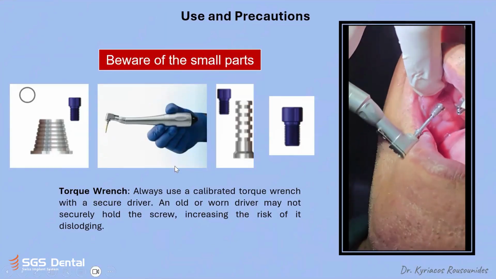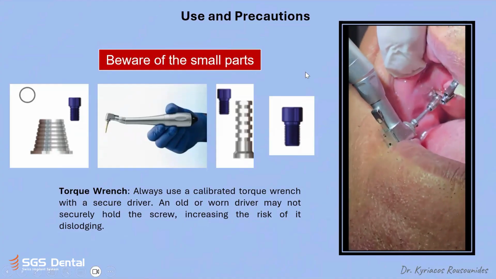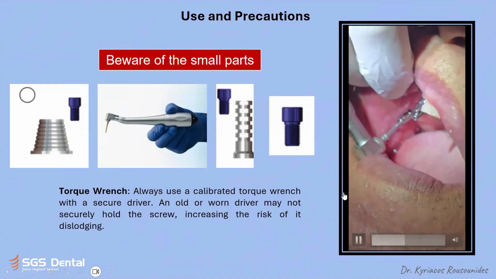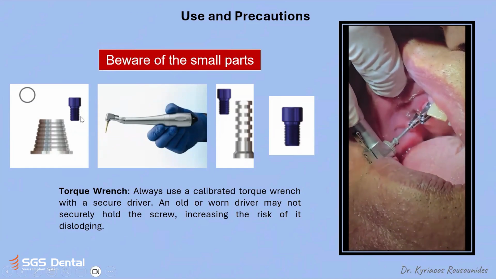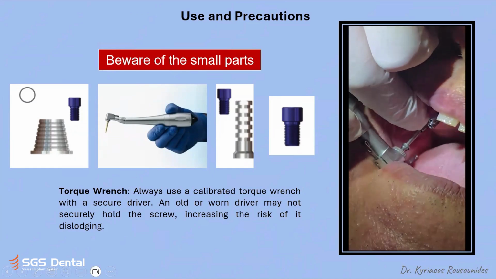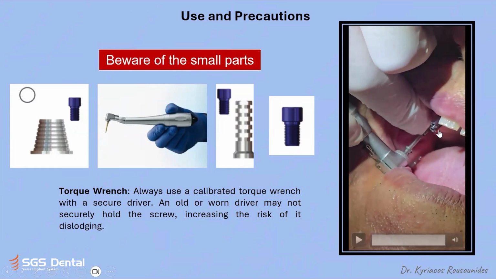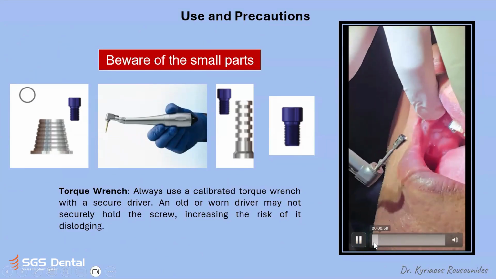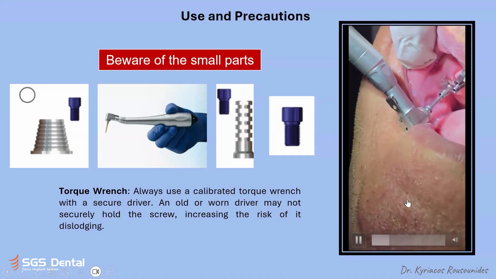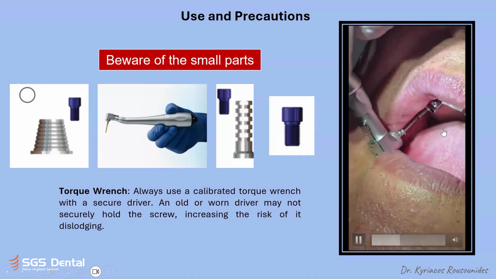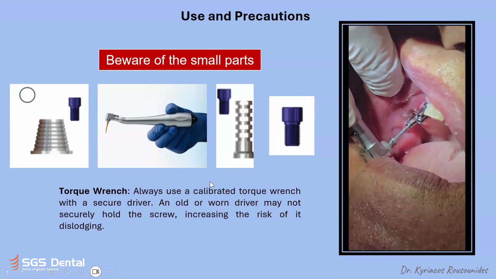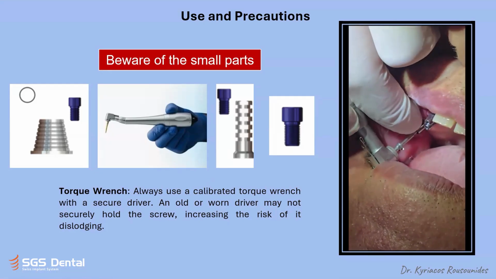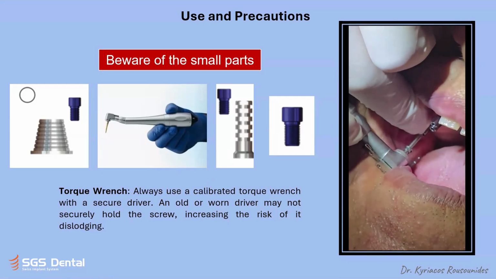This instrument also helps us a lot not to lose small parts in the mouth, like the small screws, the blue one, that is very, very short and very small and can easily fall apart from our normal screwdriver. Here it is attached on our torque wrench, and it can be easily inserted in the mouth.